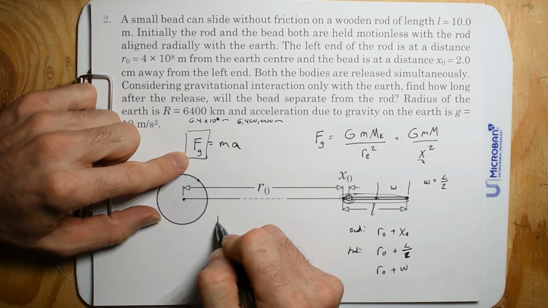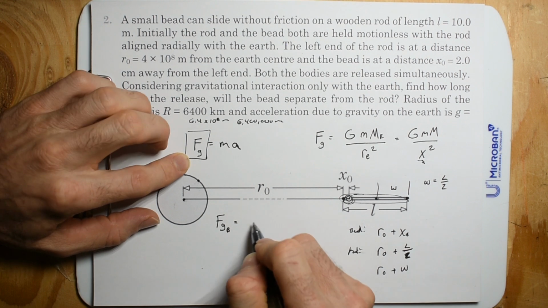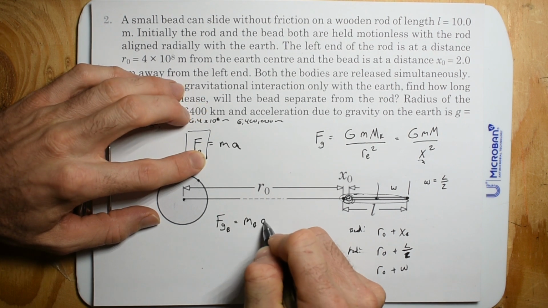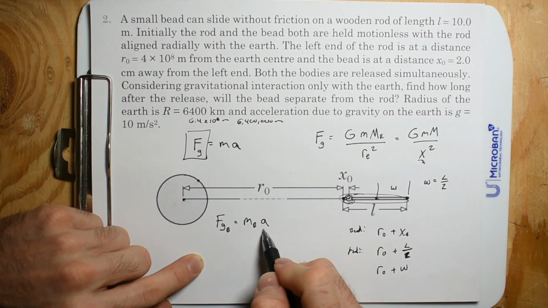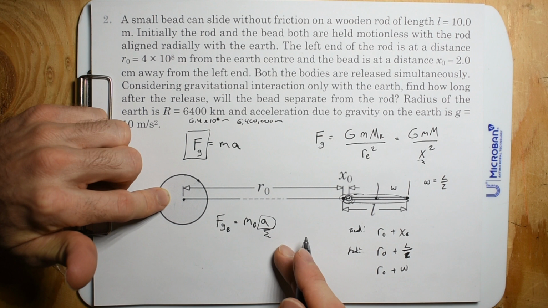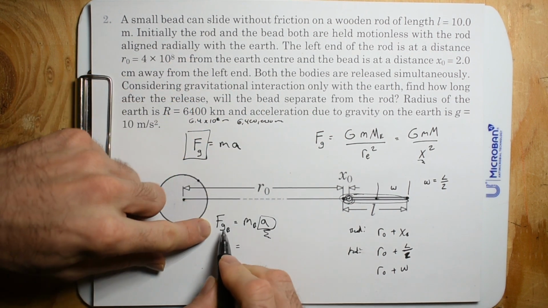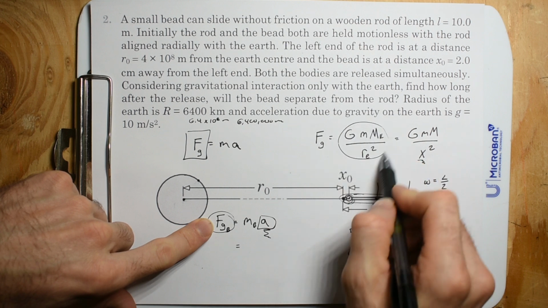So the force of gravity of the bead is equal to the mass of the bead times the acceleration of the bead. And we actually want to know the acceleration of the bead. But let's write out this whole equation. We have the force of gravity, that's this equation that we put in.